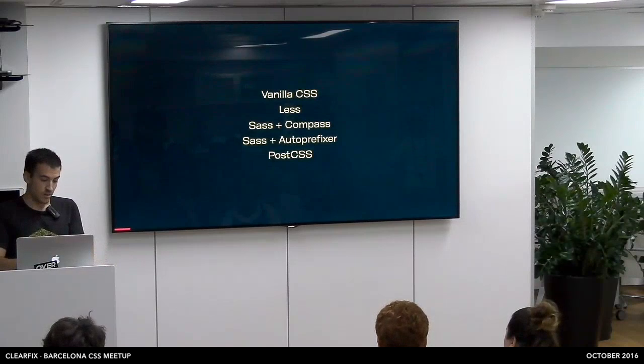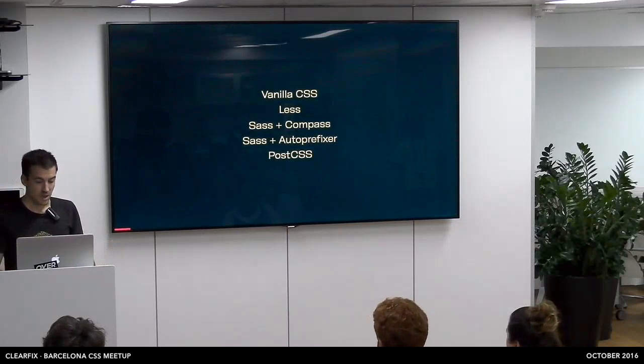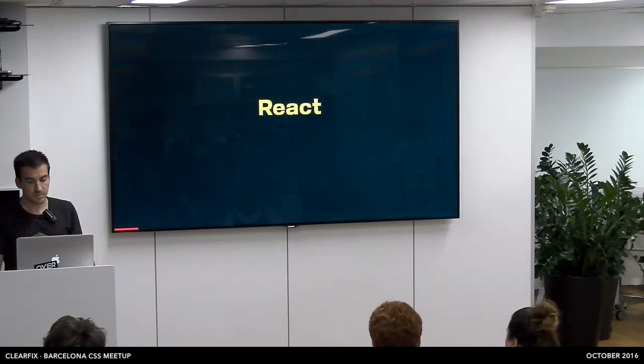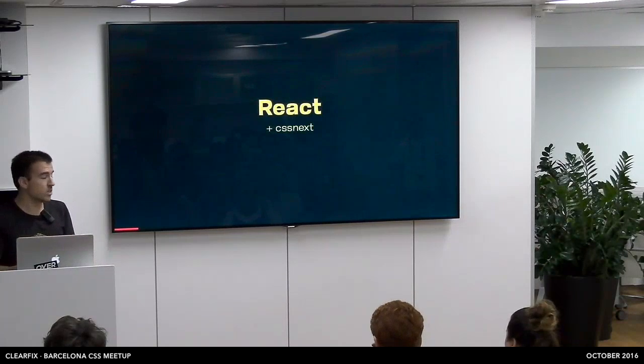So a while ago, a year ago more or less, I started playing with JavaScript applications. Mostly I was focusing on learning React. And my main stack to work with CSS in React was based on PostCSS also.